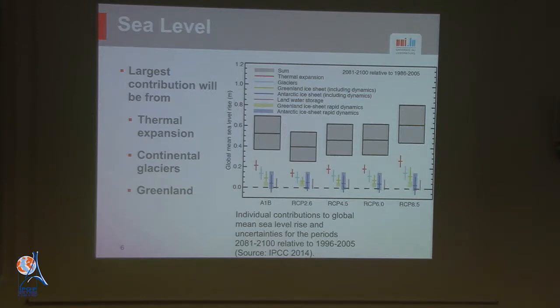This is a graphic from the Intergovernmental Panel on Climate Change from the 2014 report. And these are 5 different models here that predict how sea level is going to rise in the future based on different global warming scenarios. And each of the colors of these things down here represents a component of the sea level rise system.